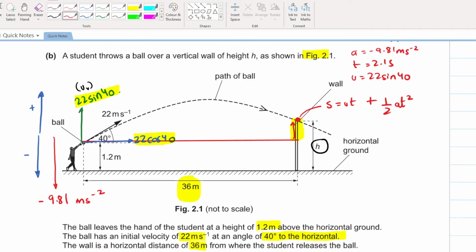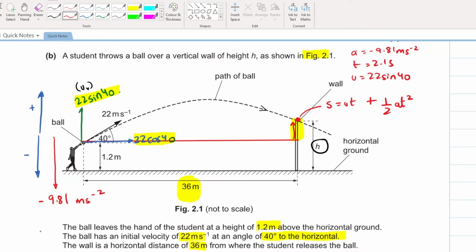All clear until now? Do you understand why I have written acceleration as negative 9.81 m/s squared? Yes or no? Why have I written acceleration as negative 9.81 m/s squared? Because acceleration due to gravity acts downwards, and we have assumed that downward vectors will be negative and upward vectors will be positive.